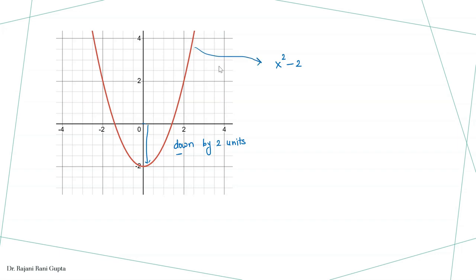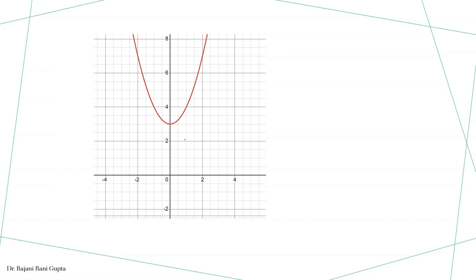Okay, let's take another example. What you see here, it moves up from 0, it moves up by how many units? So if this is 2, it means this is 1, this is 2, this is 3 and 4. So by 3 units. You just look at the value, the magnitude, not the sign.